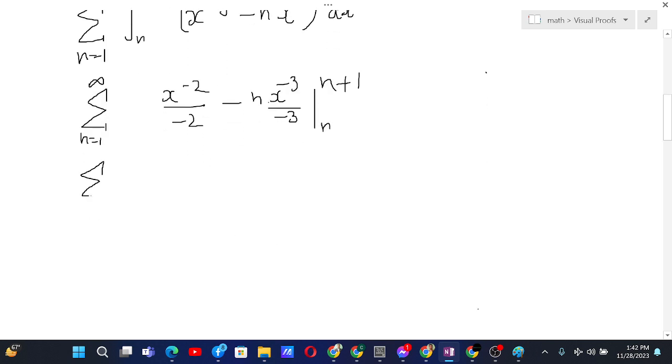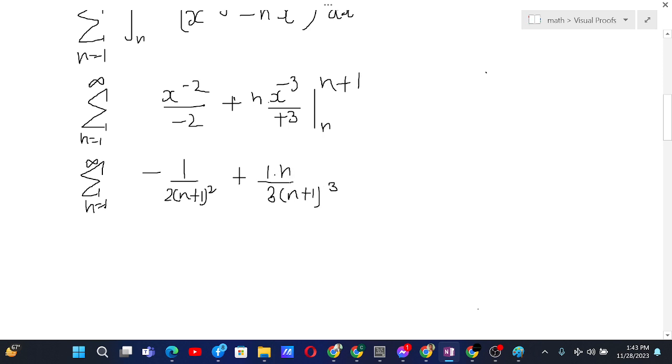Now the sum from n equals 1 to infinity: this is minus 1 by 2 times (n plus 1) squared, and this is plus 1 by 3. Let's just make them plus. Plus 1 by 3 times (n plus 1) cubed, and also we have n over here.